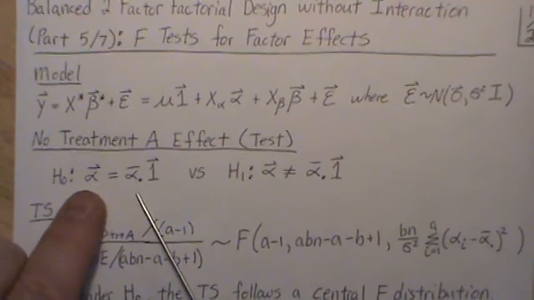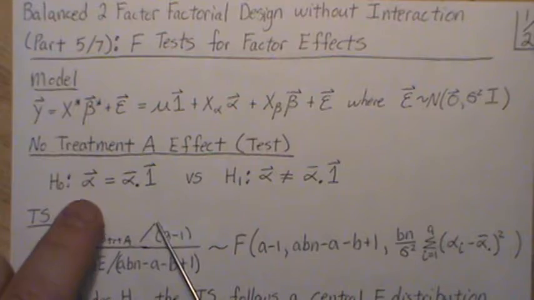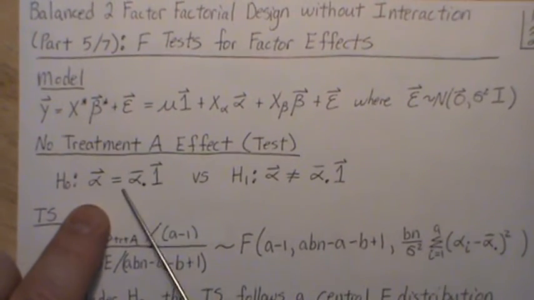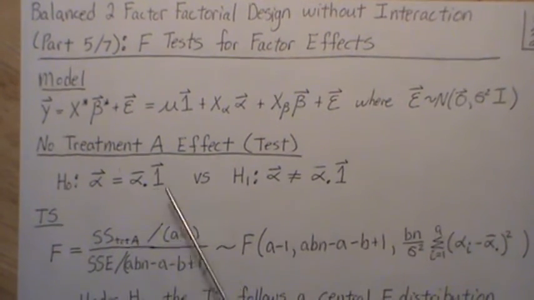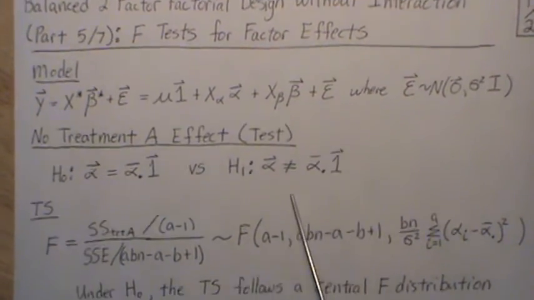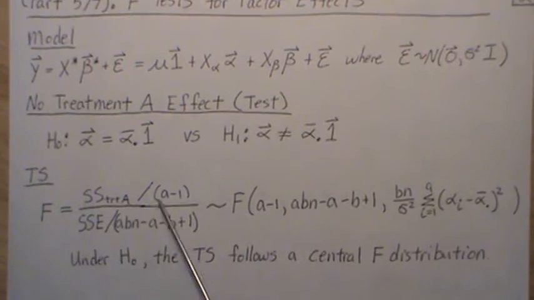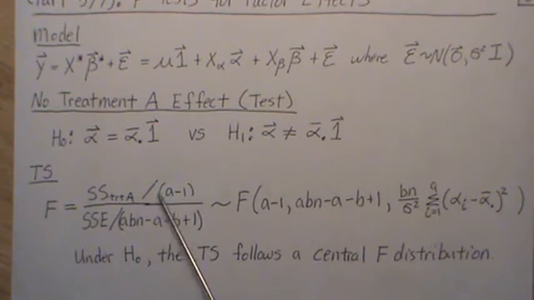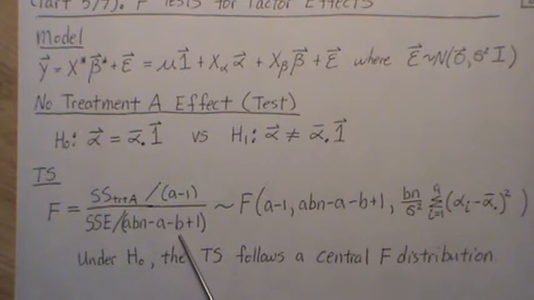The null hypothesis is that the alpha vector, so all the parameters in the model, must be a constant vector versus they're not. And I'll explain that in a second. So the test statistic is the sum of squares for treatment A divided by its degrees of freedom, which we derived in previous videos in this mini-series, divided by the sum of squared error divided by its degrees of freedom.